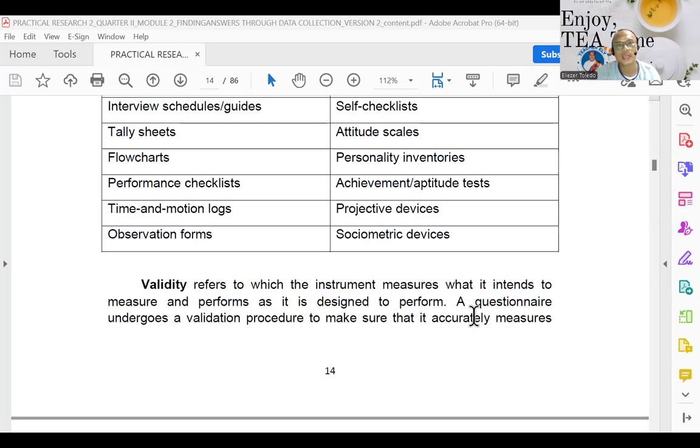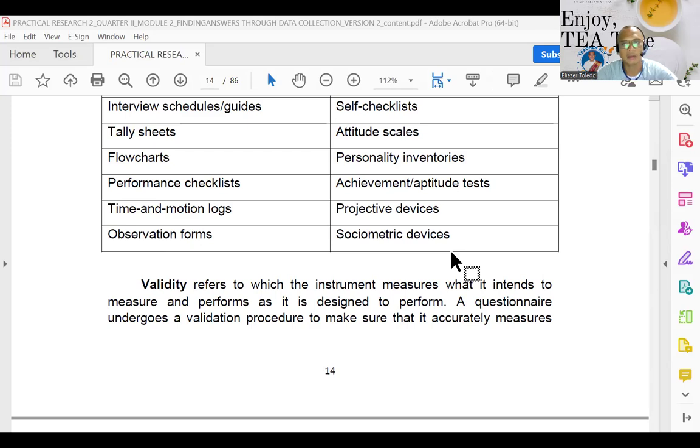So, what does validity mean? It refers to the extent to which the instrument measures what it intends to measure and performs as it is designed. There are key ideas here. Accurate: a questionnaire undergoes validation to make sure that it accurately measures what it aims to do.